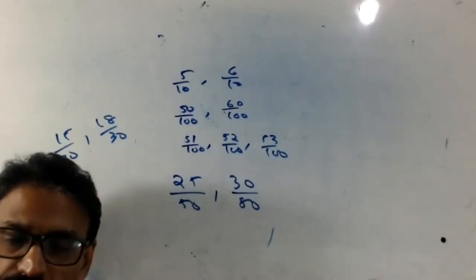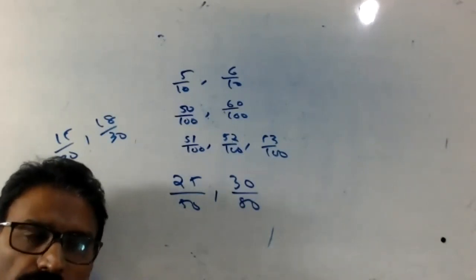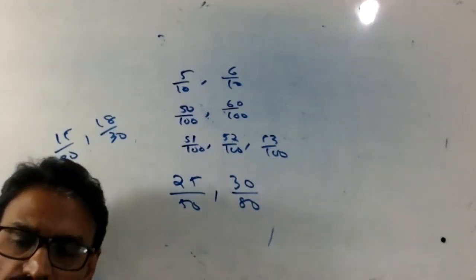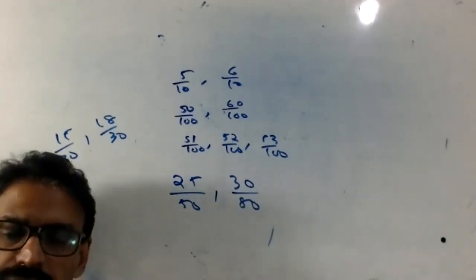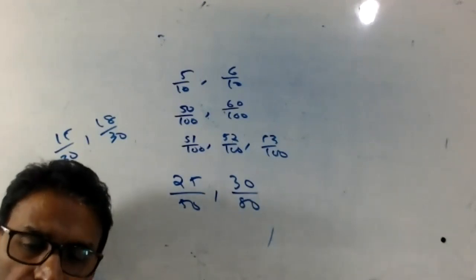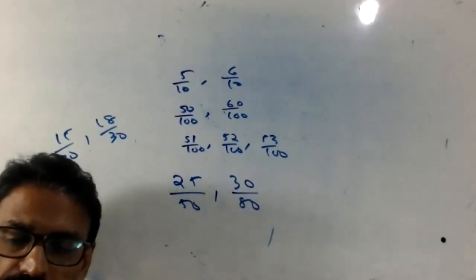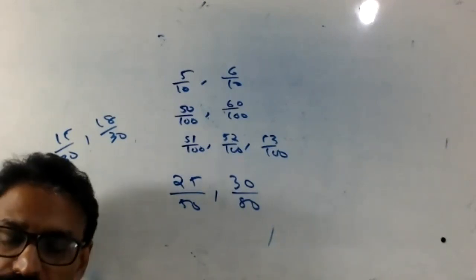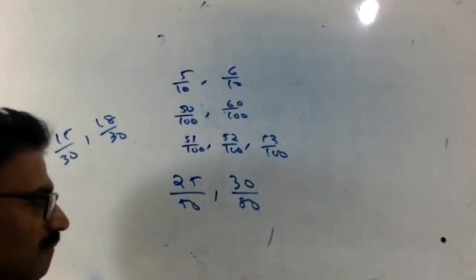Okay, from 5 to 10, listen all. From 5 till 10, that means 5, 6, 7, 8, 9, 10. Both are included.